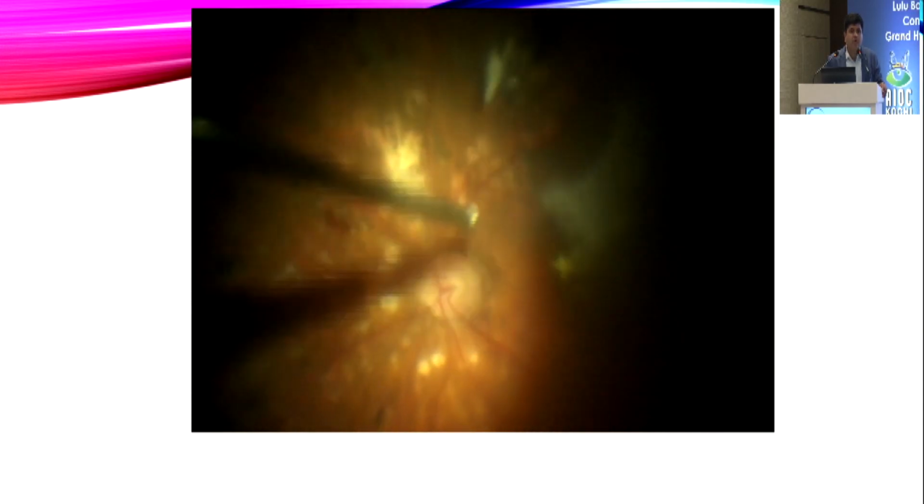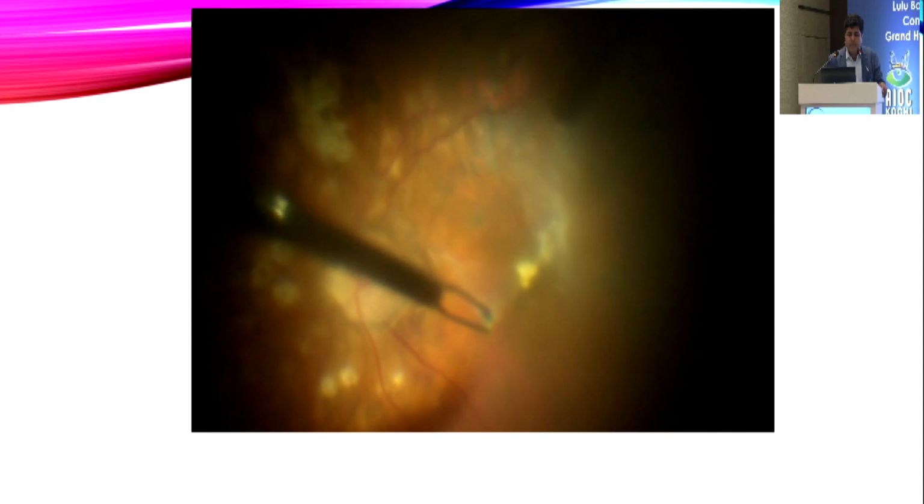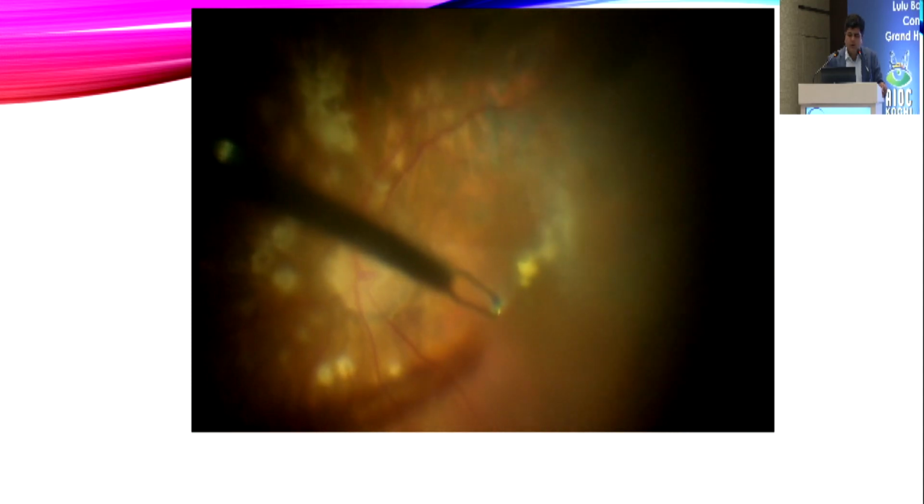So there is a video. Usually in diabetic vitrectomy, it is always better to do triamcinolone-assisted vitrectomy. PVD induction was done, and the careful edge was lifted, and then the membrane peeling was done in a circumferential way.